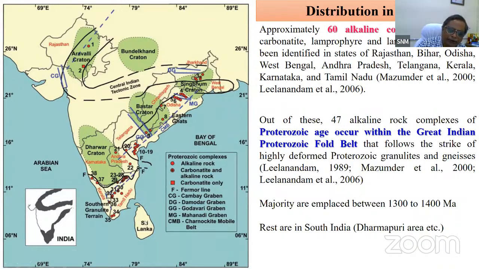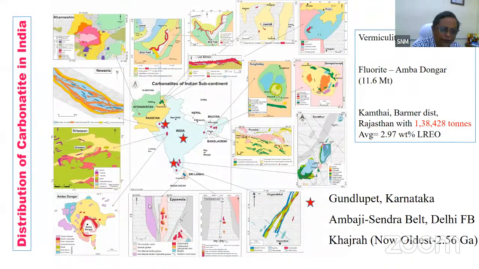But the occurrence of carbonatite rocks at the contact between the Dharwar and SGT was recently reported, and one of such is our Gundlupet. GSI has worked there recently, and we have developed from G4 to G3 to G2 stage investigation. And one more important is Ambaji, everybody knows, in the Delhi Fold Belt, and Khamtai, that is one there. And there are several others, very important ones.